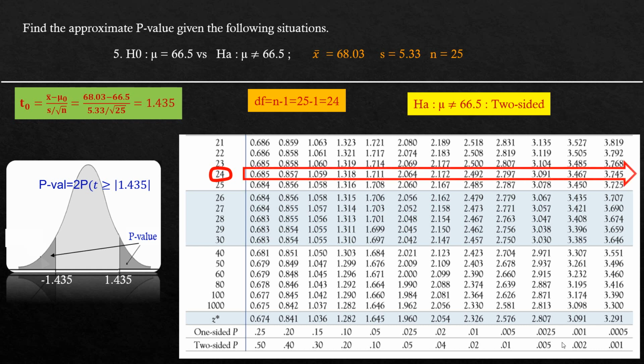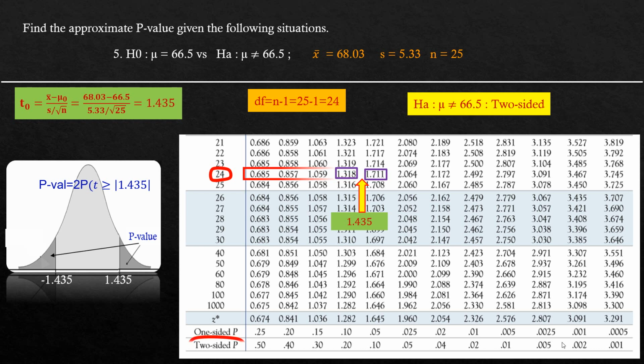Can you see 1.435? We don't see 1.435 here. So what should we do then? We know 1.435 should be in between 1.318 and 1.711. Right? Again, 1.435 is somewhere between 1.318 and 1.711. Now go back again to the alternative hypothesis. It is two-sided.